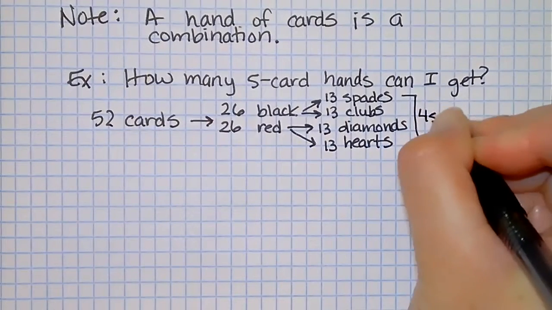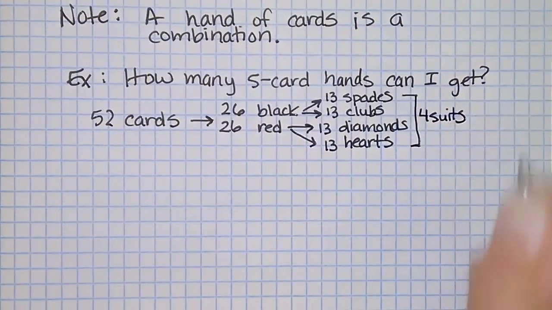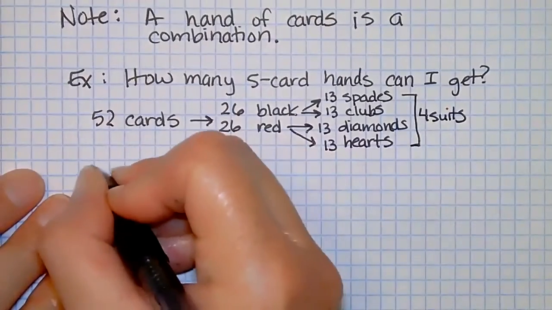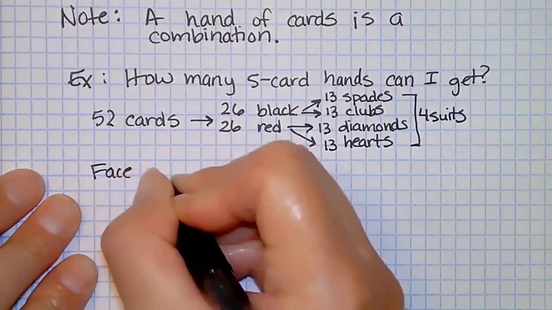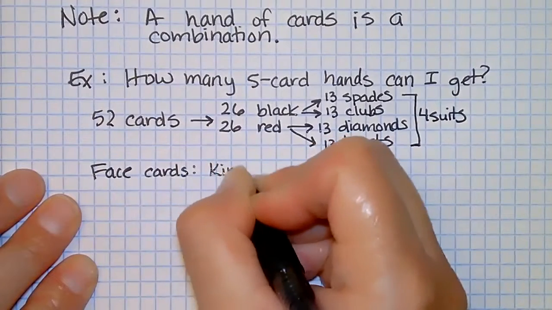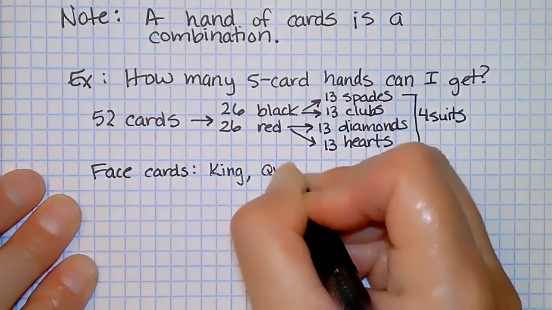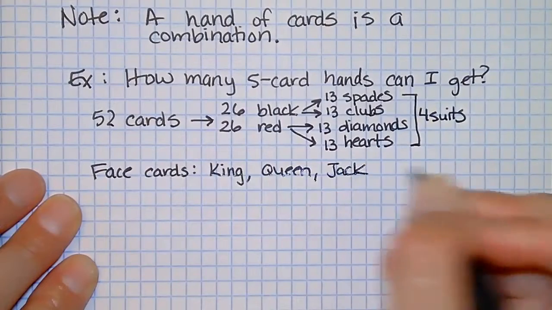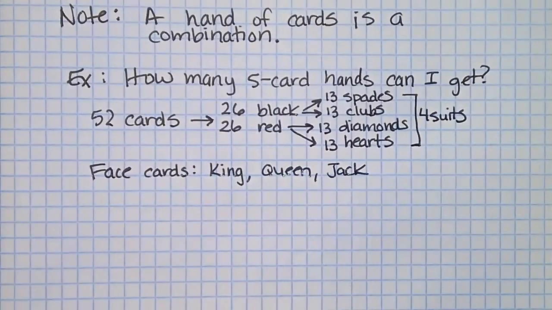There are 4 suits. And in dealing with cards, we have what we call face cards. And your face cards are your king, your queen, and your jack. Joker is not part of this. That's not included.